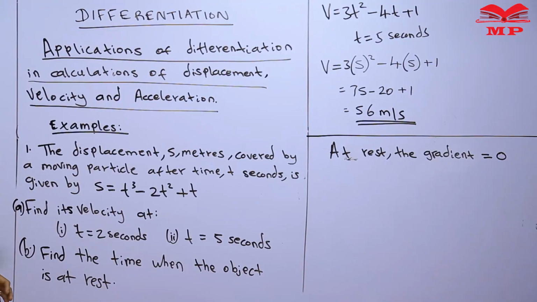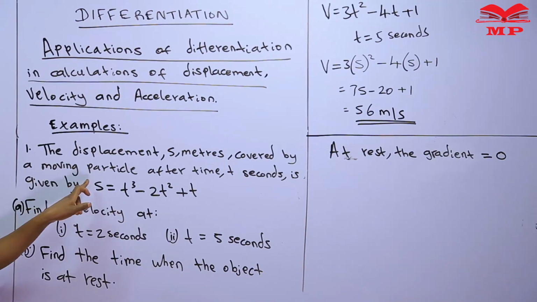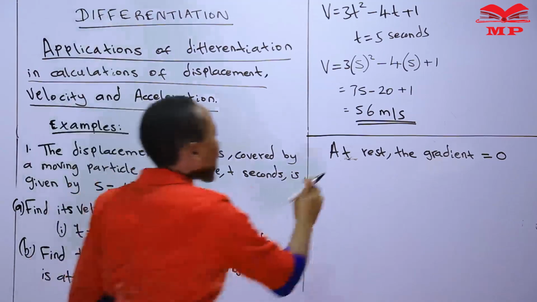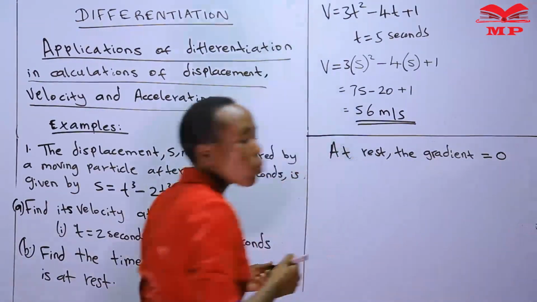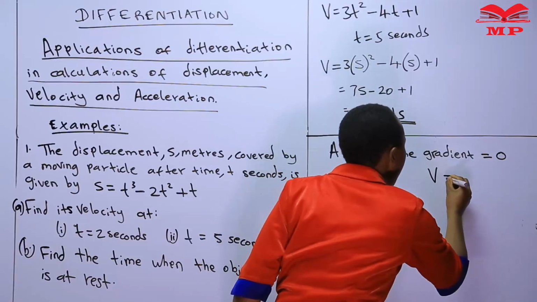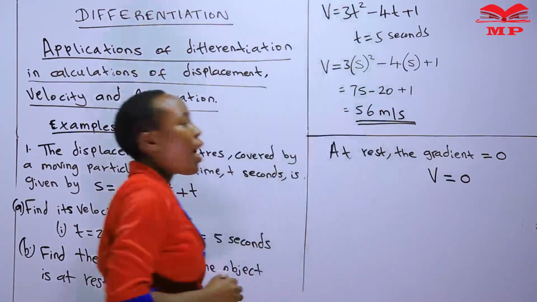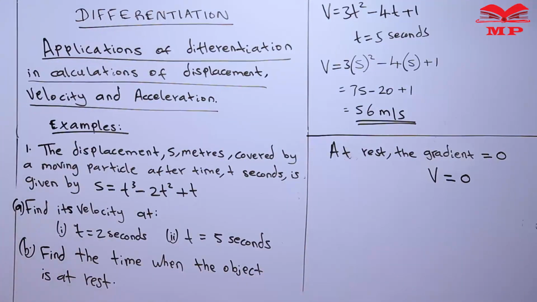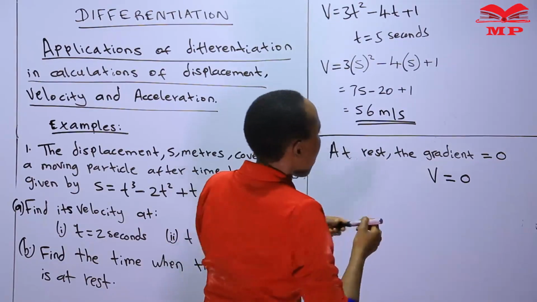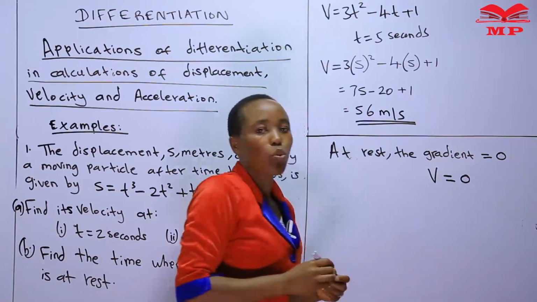And in our case here, the gradient is the gradient of a displacement-time graph, and therefore the gradient we said is equal to the velocity. Therefore, velocity v is equal to 0. At rest, the velocity is equal to 0 because our gradient is equal to 0.